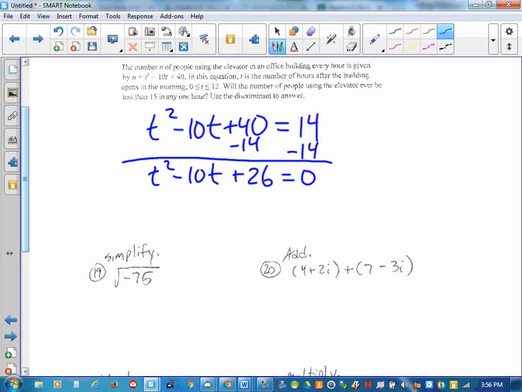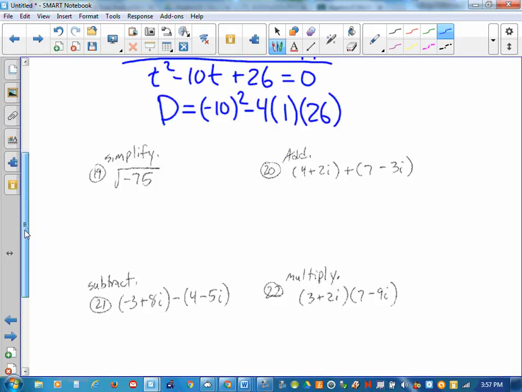So now I'm going to do the discriminant test. D for discriminant equals b squared, which would be negative 10 squared, minus 4, a is 1, and c is 26. When I figure this out, it would be 100 minus 4 times 26, which would be 104, right?